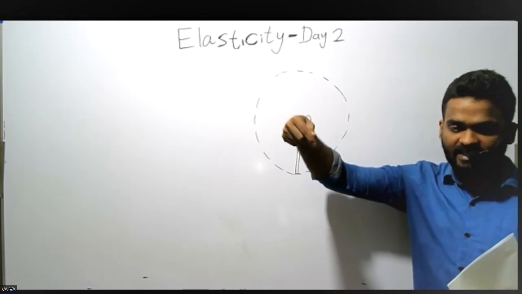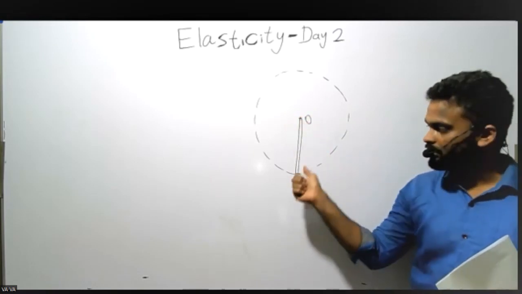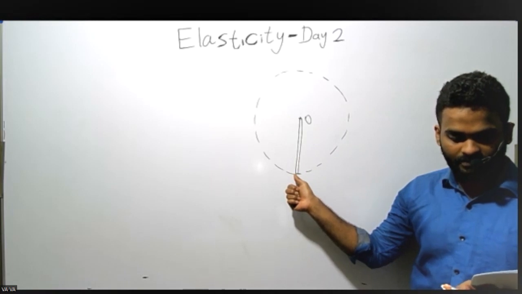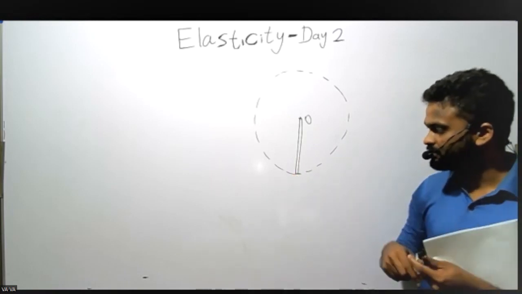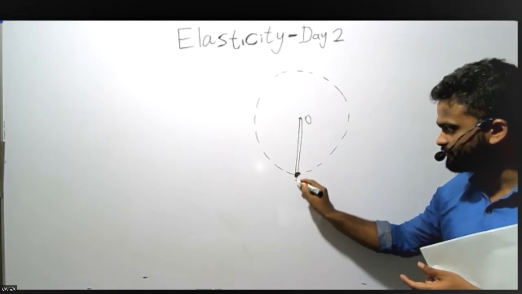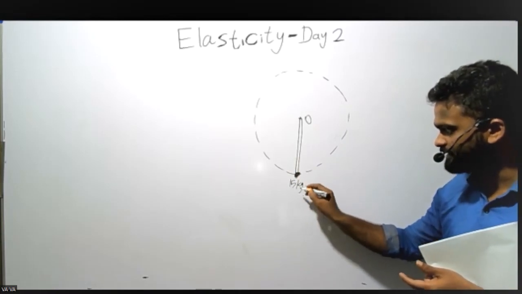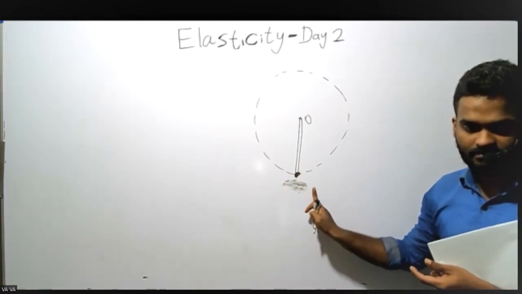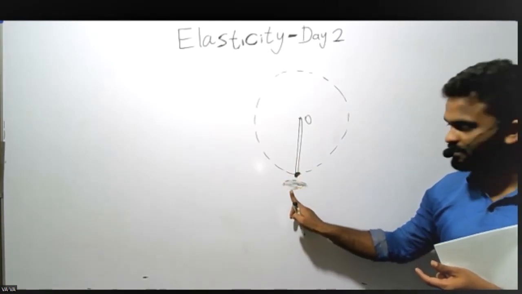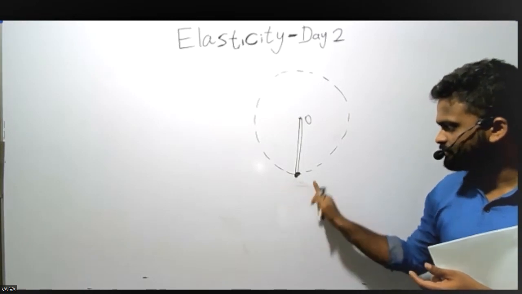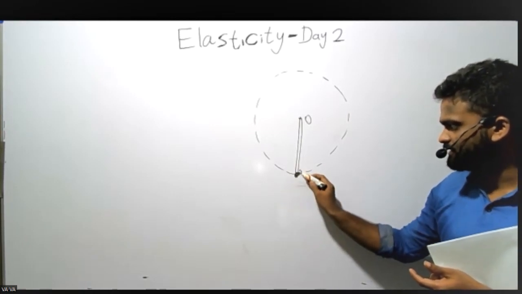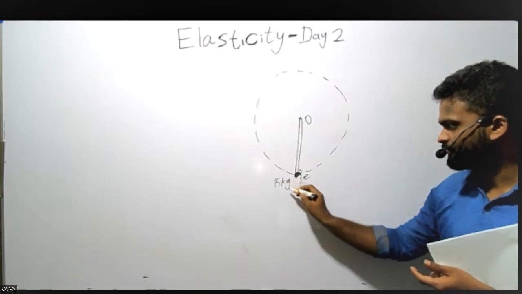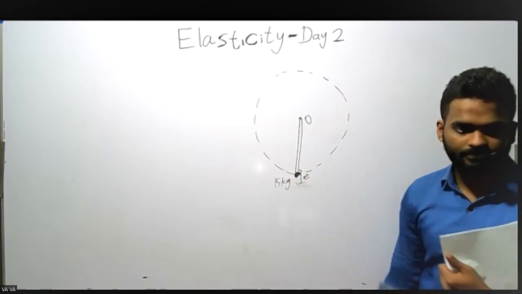In order to have that centripetal force, there's an object at this end which has a 15 kilogram mass. This end extends, right? So what they ask is the extension at that end.